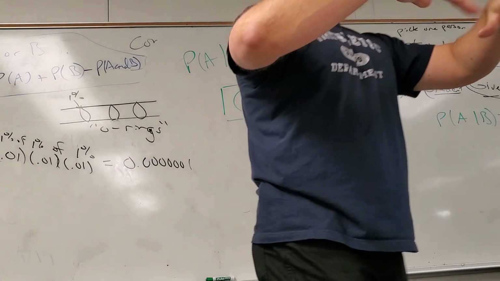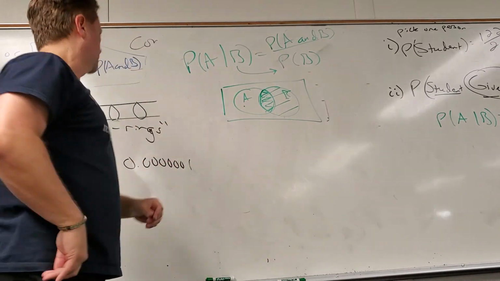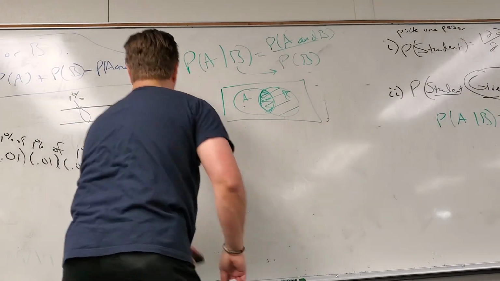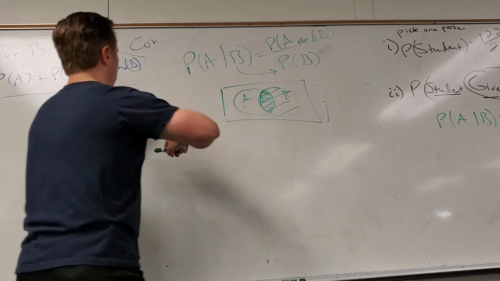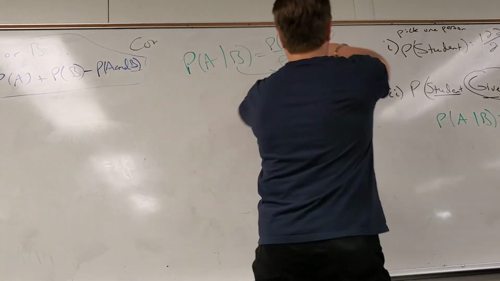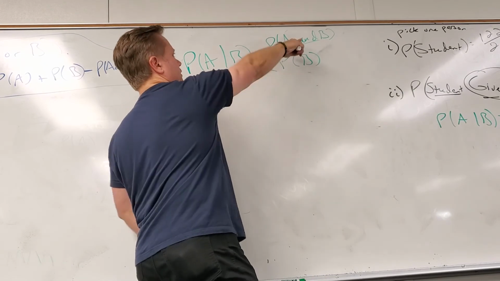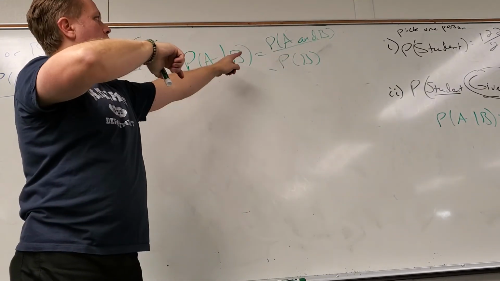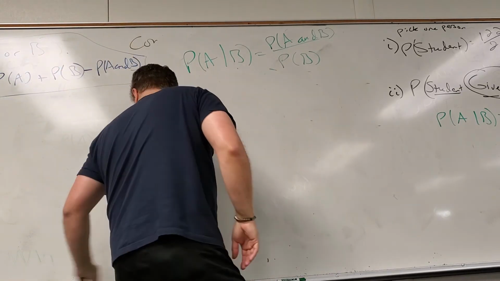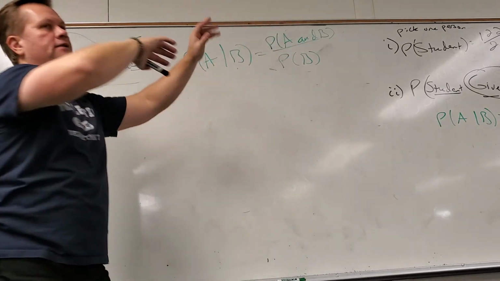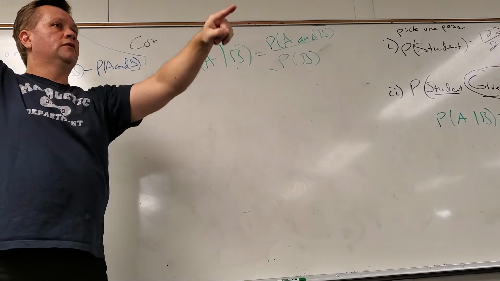Now watch the algebra catch up with what we just discovered. So taking this formula right here, I can make a formula for "and" because there's "and." What algebra could I do to this to get the "and" piece by itself? What can I do to both sides to get the probability of A and B by itself?